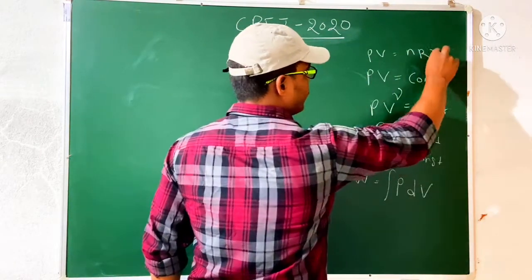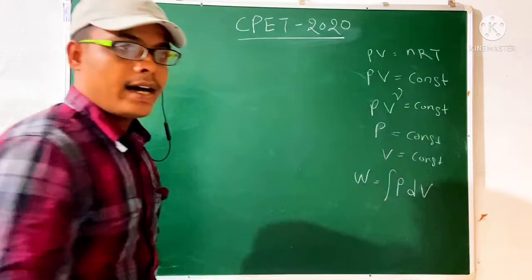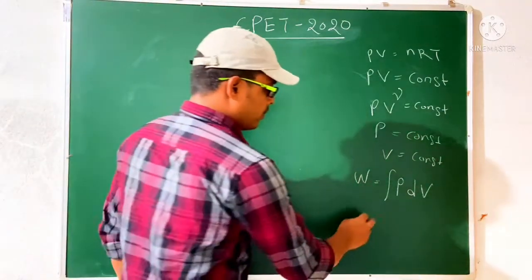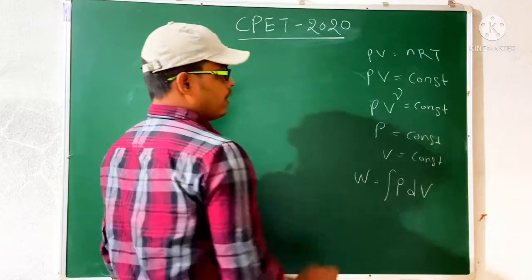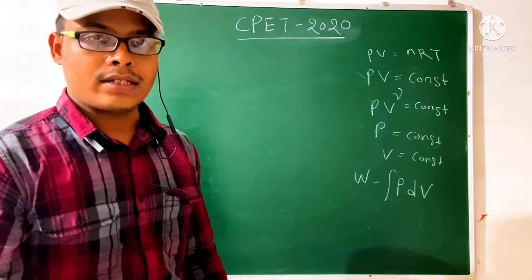So this is the gas equation, and remember what is R? R is the universal gas constant.